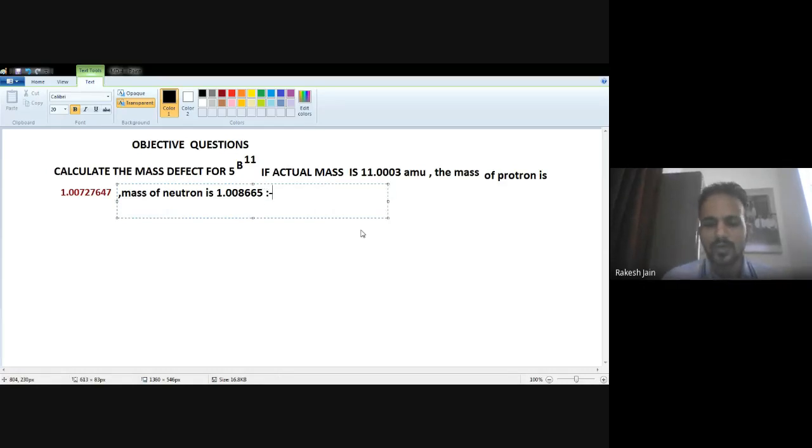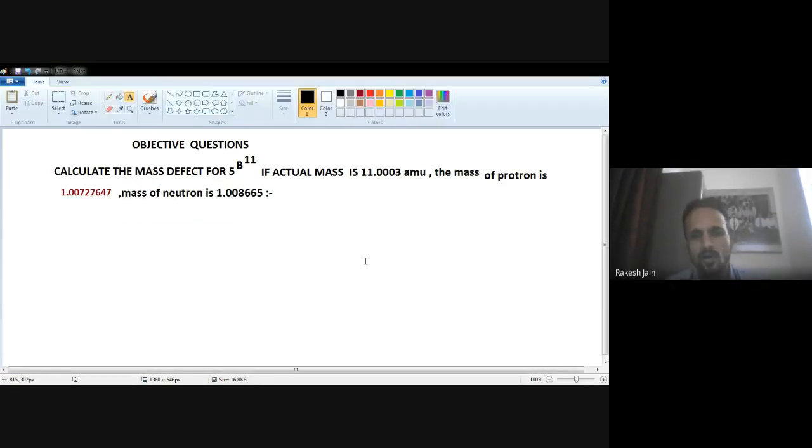So you should calculate for this what should be the value of your mass defect. Then try to solve this question and find out the answer. I just wait for a minute, otherwise I will start.